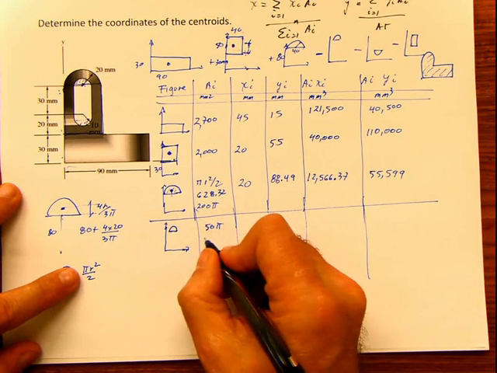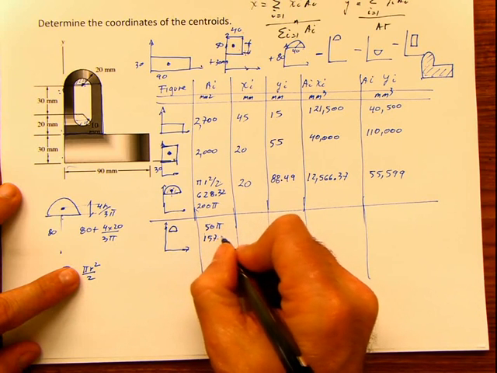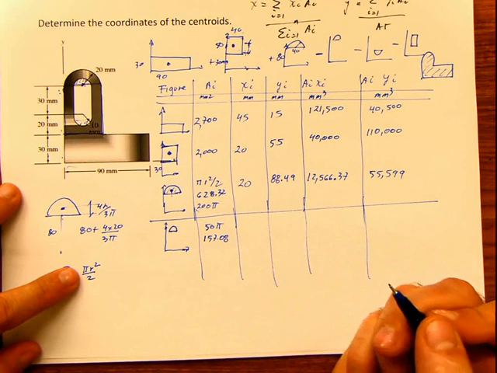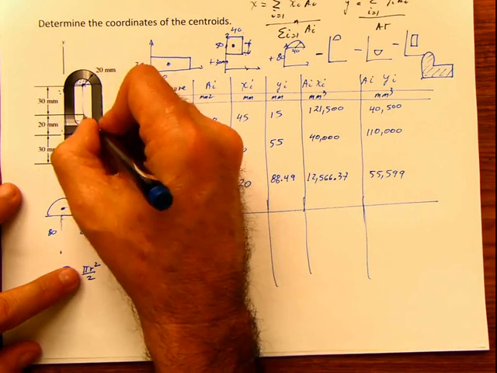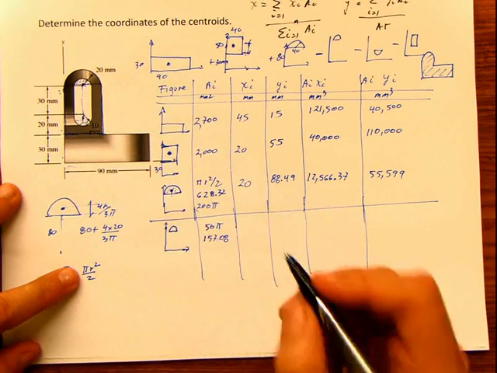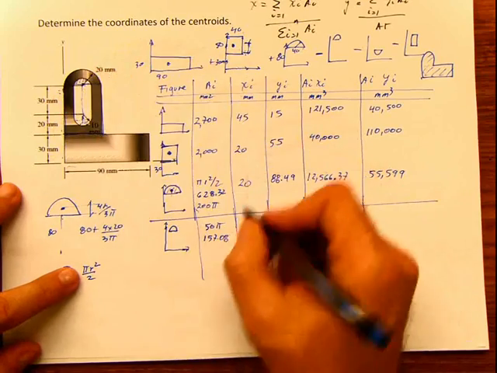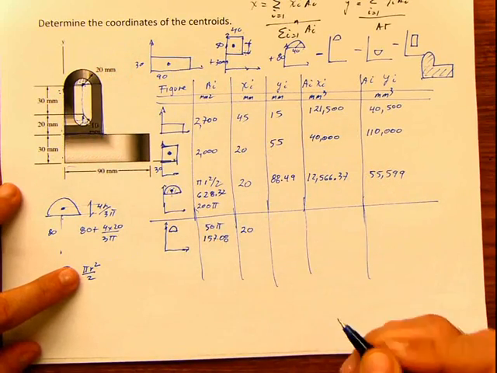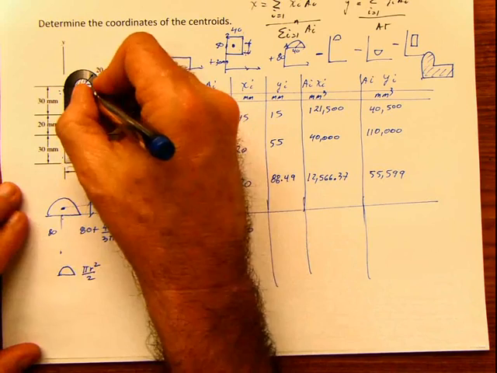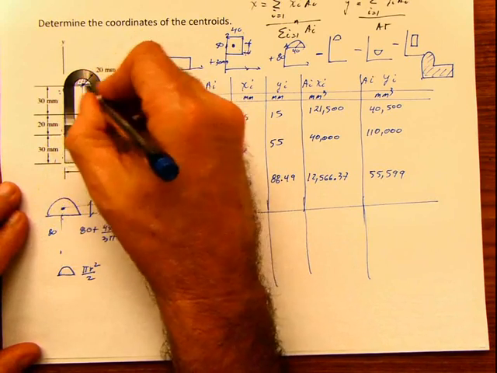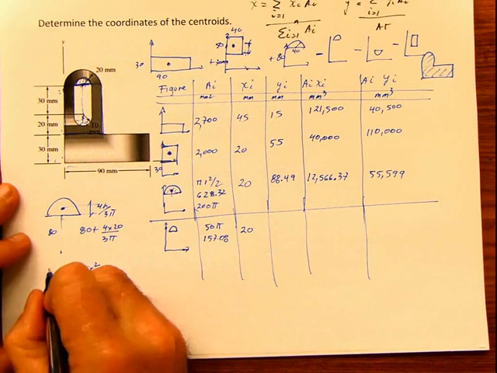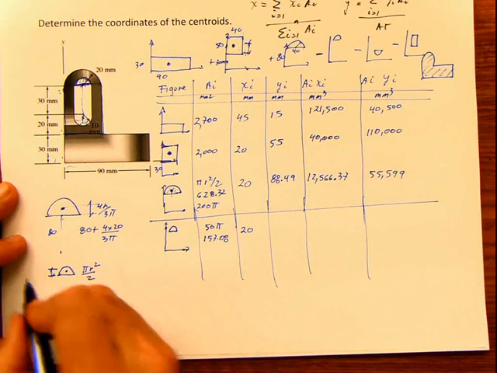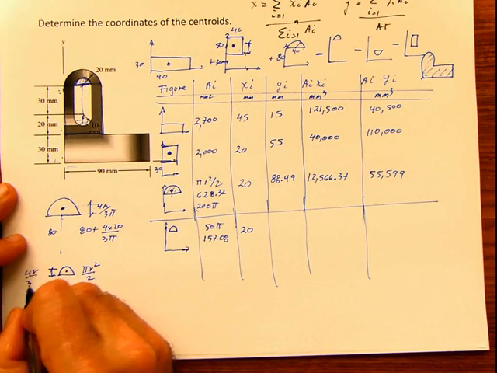which is 157.08. Now the location of the centroid at x is exactly there because it's at the center, right? So this is going to be 20. But in y, it's going to be 80 plus this distance, which is 4r divided by 3 pi.